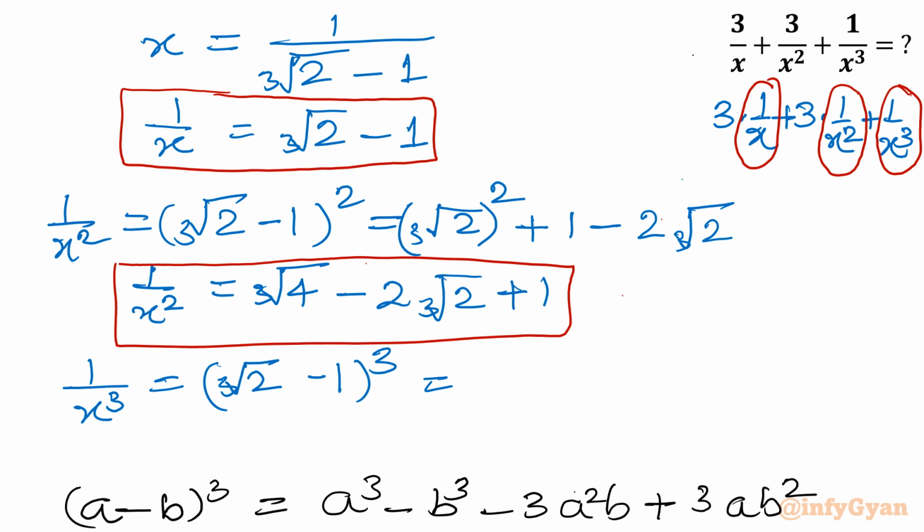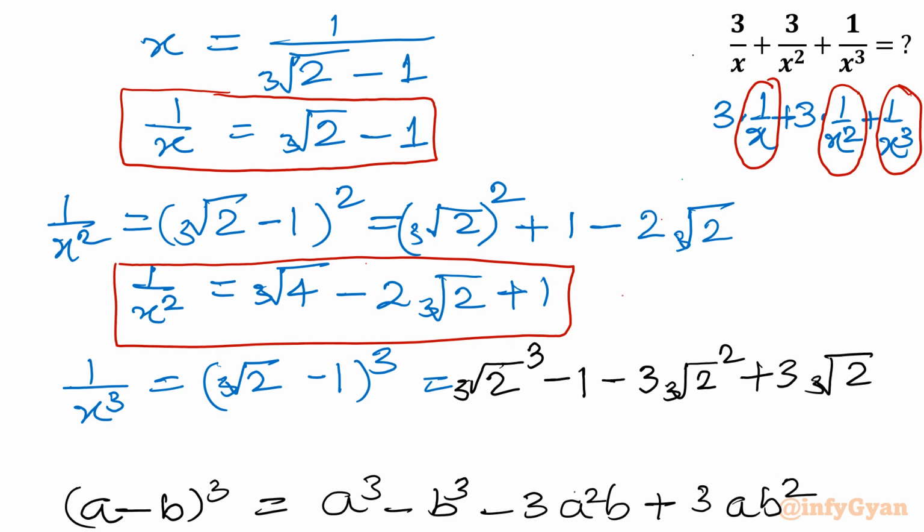So if I will apply here, then I can write a cube. So I need to write cube root of 2 whole cube. It will become 2 minus b cube, so 1, minus 3a square b. So I will write cube root 2 whole square, b is 1, plus 3ab square. So I will write cube root of 2.